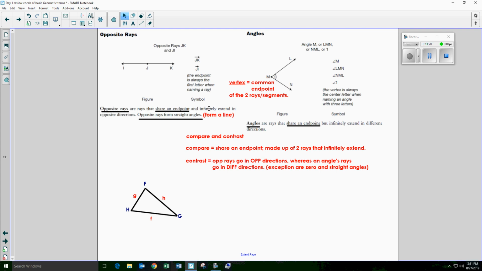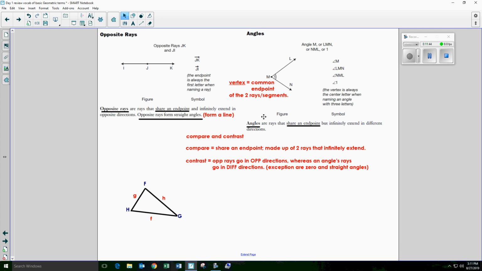There's an infinite amount of points on the two rays that form that angle. Contrast: this one goes in opposite directions. This one just goes in different directions, any other direction other than opposite. But technically, this is a straight angle, so it really does fall underneath here.